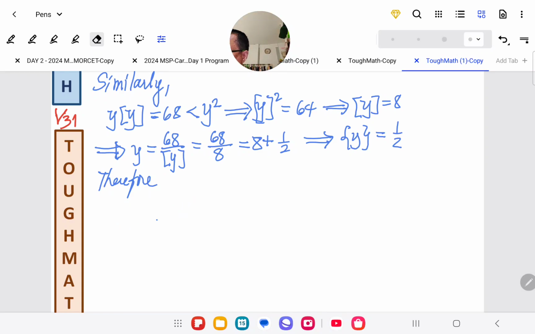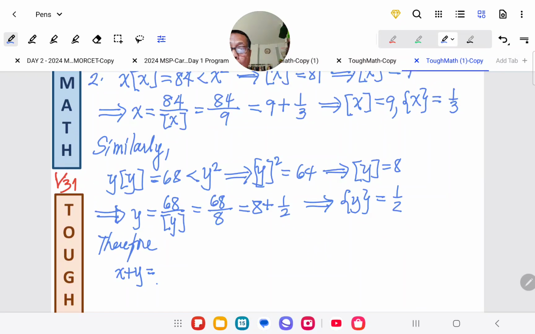So we have x plus y equals 84 over 9, y is 68 over 8, which is 9 plus 1/3 plus 8 and 1/2.